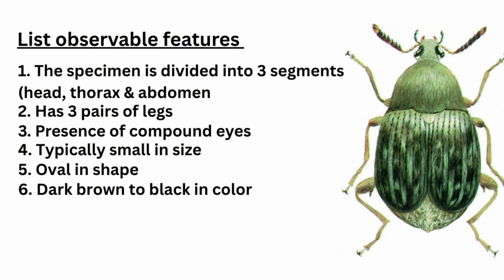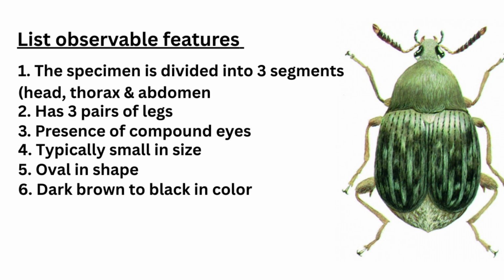So we have the head region, the thorax, and the abdomen. That's the first observable feature you can note. Secondly, it has three pairs of legs. Okay, three pairs of legs, or you can say three pairs of jointed appendages. So you can see the legs there, three pairs.